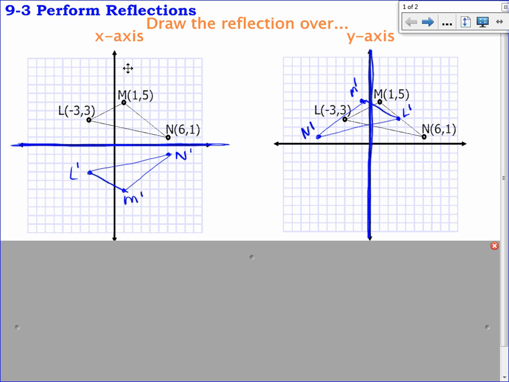To review something really quick before we move on, if I asked you to reflect something over the line y equals -4, because they're going to do that, where is that line?